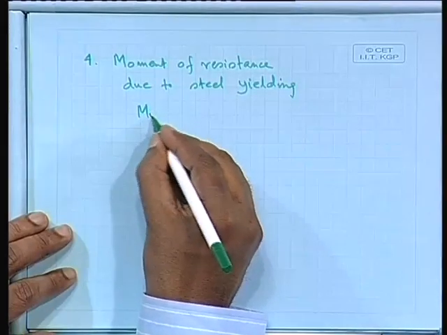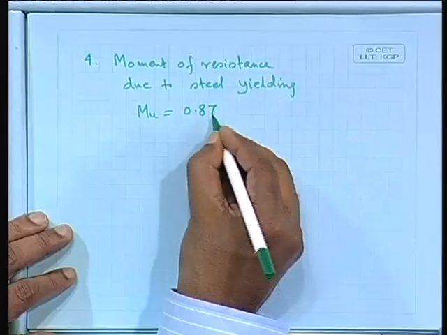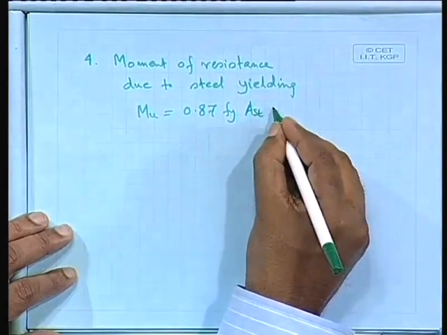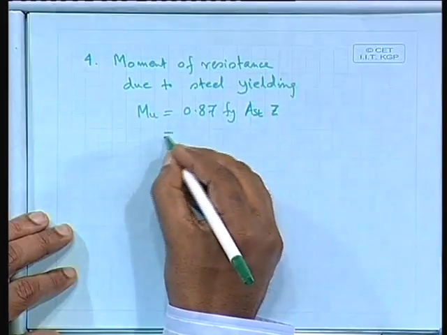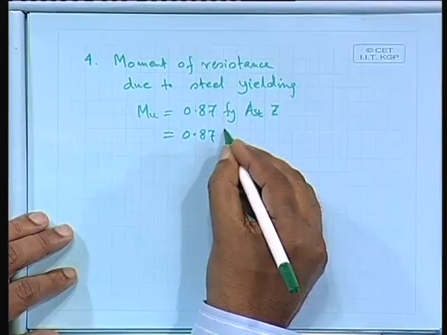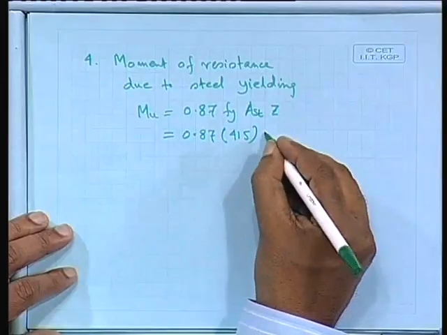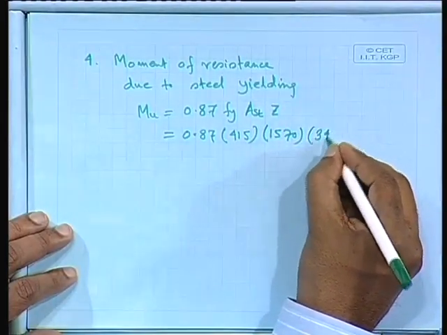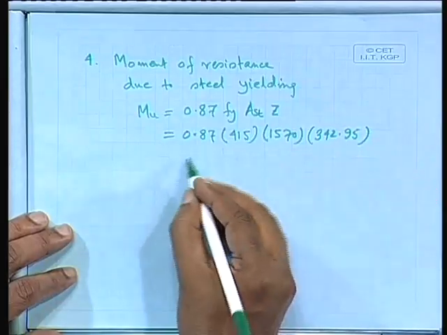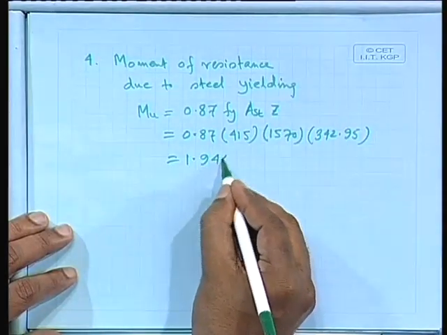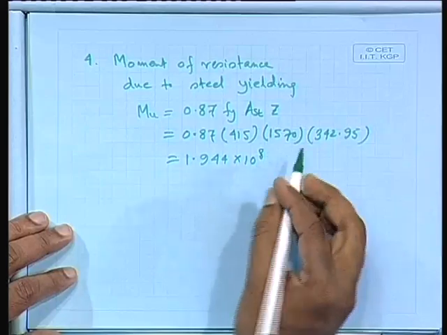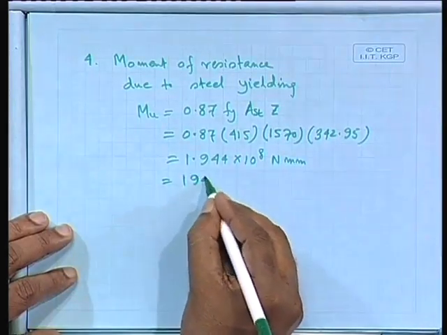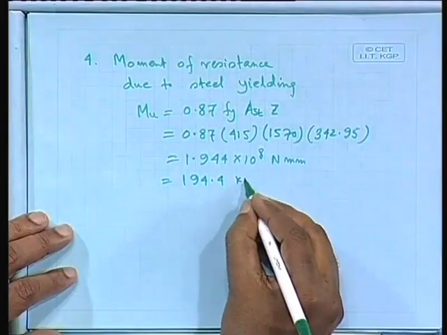So, we can get Mu equal to 0.87 Fy AST times Z lever arm equal to 0.87 times 415 times area of steel 1570 times lever arm 342.95 equals 1.944 into 10 to the power 8 Newton millimeter equals 194.4 kilonewton meter.